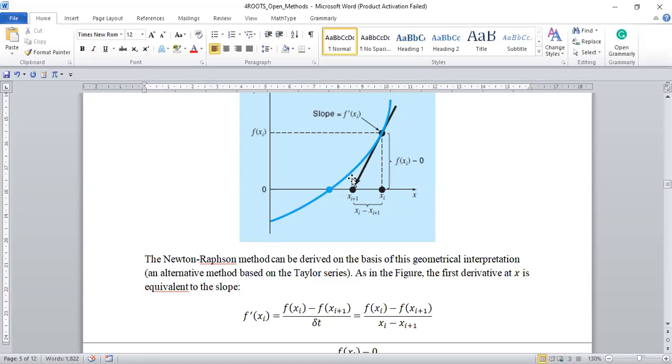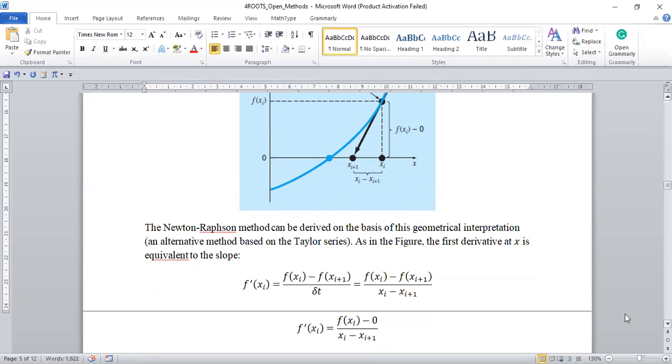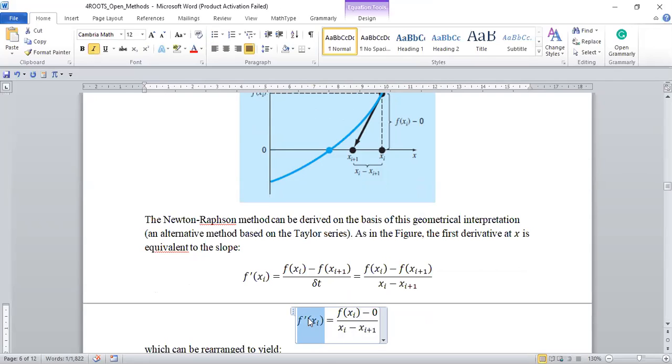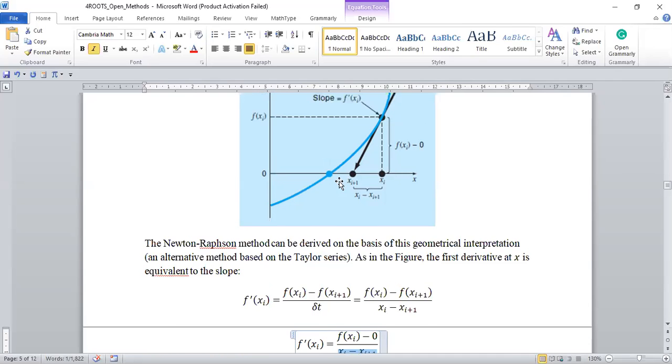Then the difference between this point and this point is xi minus xi+1. So using this relation, you say that the slope of the line is equal to the change in y over the change in x. So this is the change in y and this is the change in x.